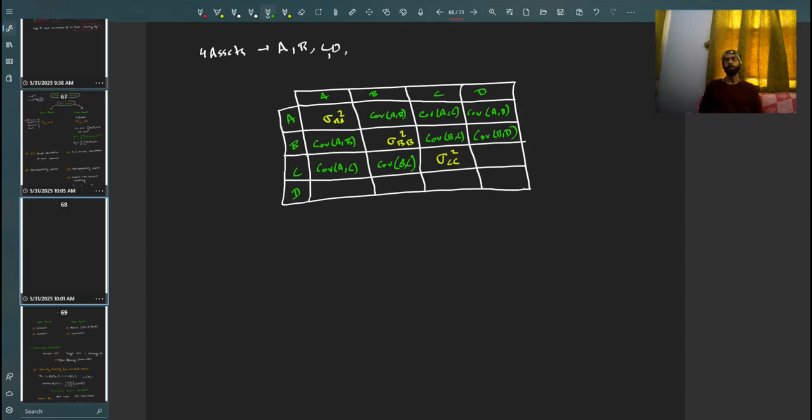Now the fourth box will have covariance of C with respect to D, right? What about the fourth row? The first box will have covariance of D with respect to A, or you can write A with respect to D, right? Same thing. Second box, covariance of B with respect to D. Third box, covariance of C with respect to D. Fourth box will have the variance of D.